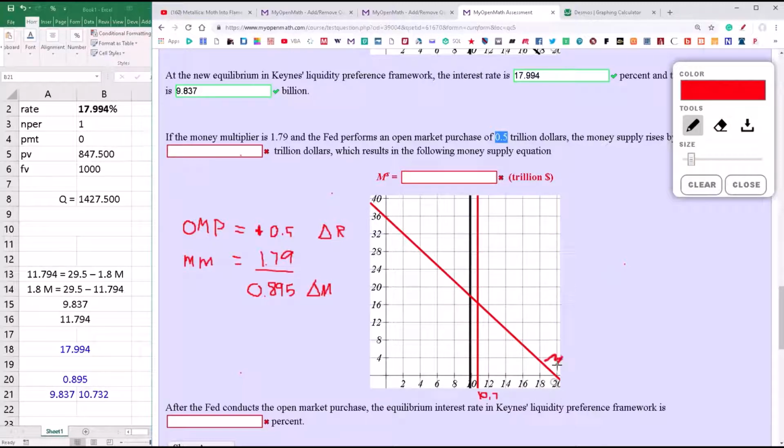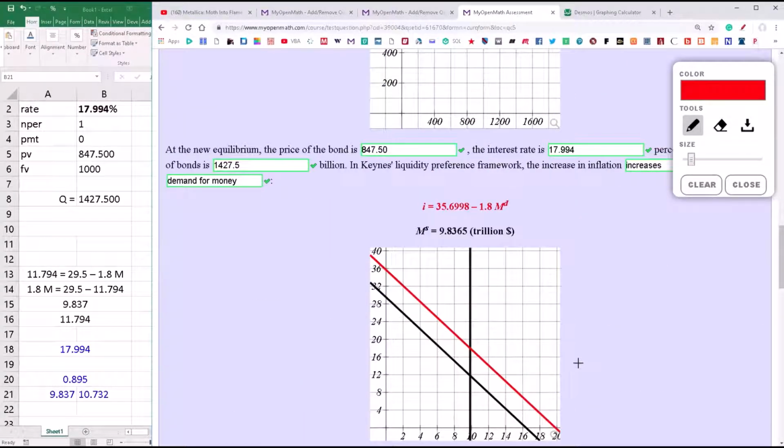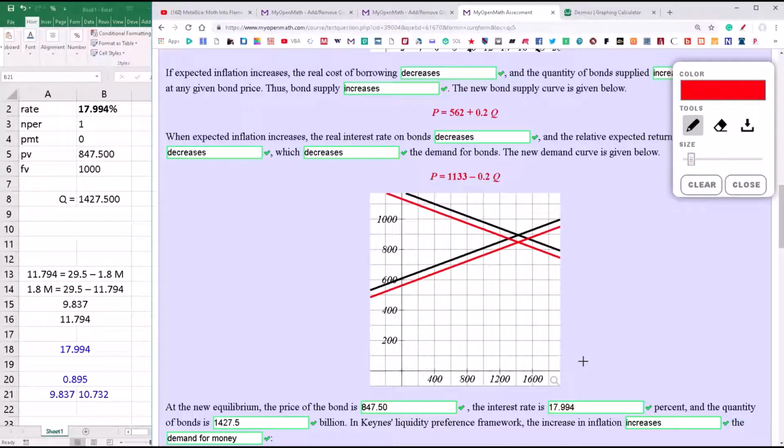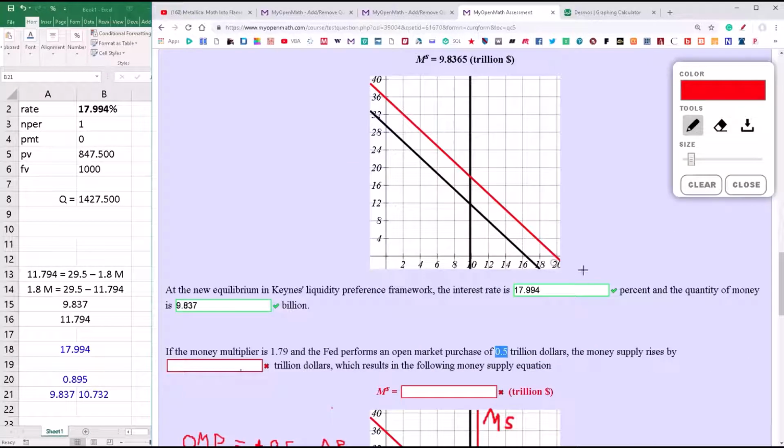This is the money supply, I mean the money demand. Whoops. Good thing I got an eraser. This is the money demand after the open market purchase. This is the money supply after the open market purchase. Or sorry, this is the money demand that's attributed to the expected inflation increasing.